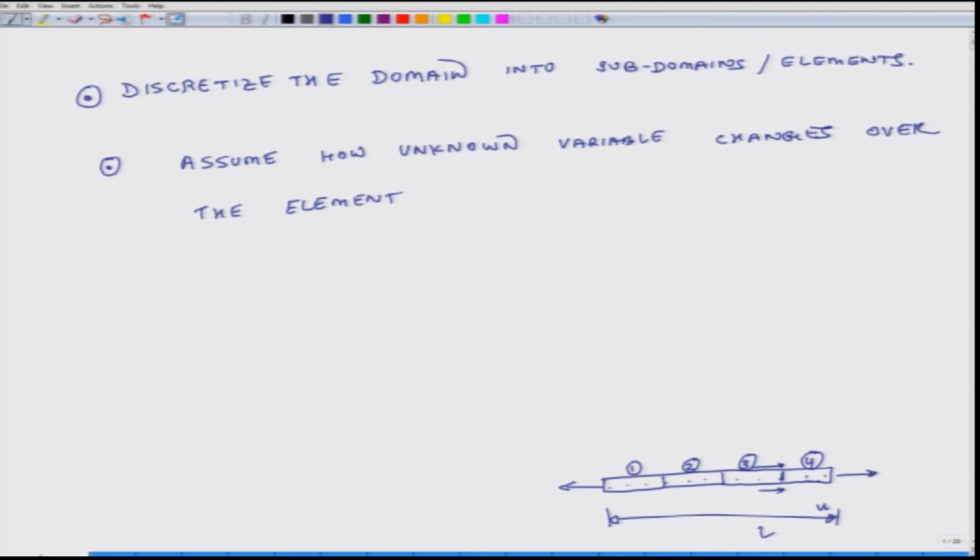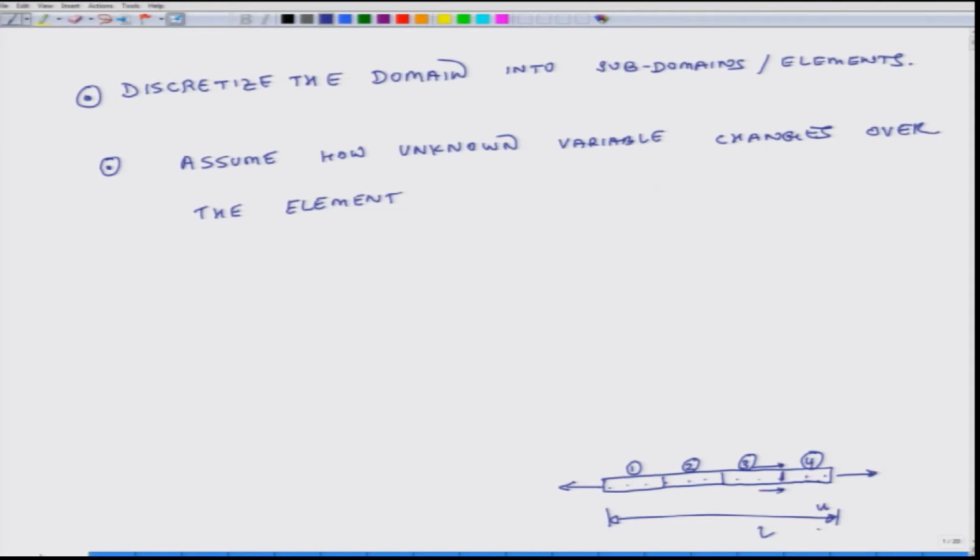I can also assume that u varies linearly on elements 1 and 2 and quadratically on elements 3 and 4, that is also fine. But we assume how this unknown, u, varies over each element.